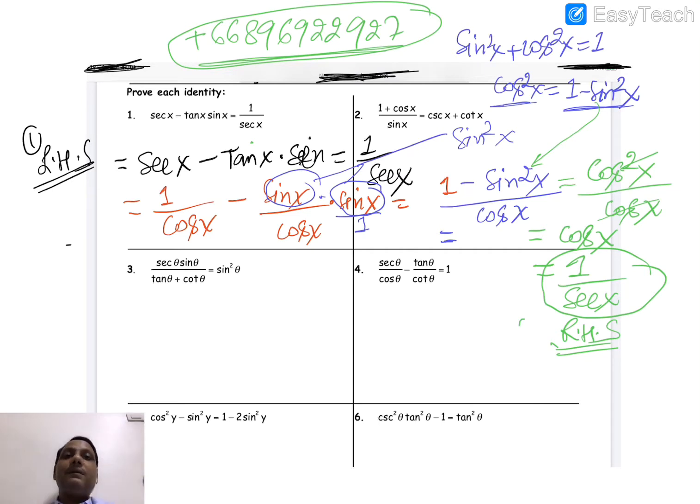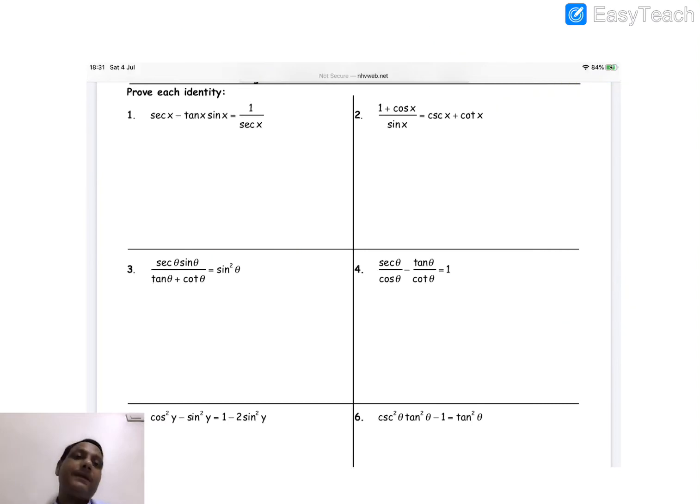Okay, right. So see here, now I'm going to do question number 2. Once again, I'm going to use the left hand side and prove the right hand side. This question looks a bit easy, because I think it is only a 2-step question.